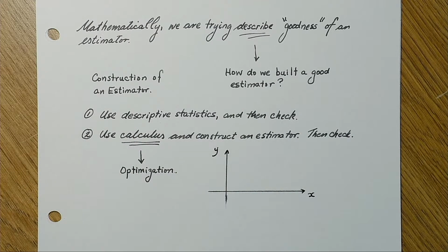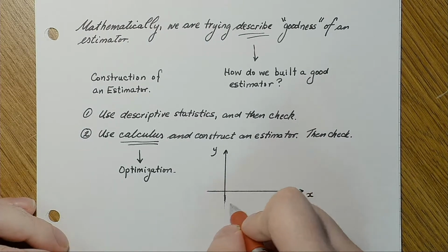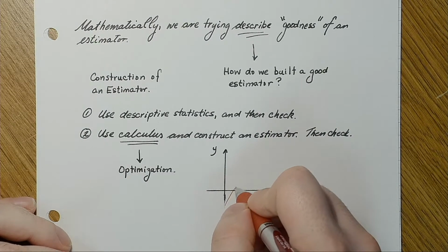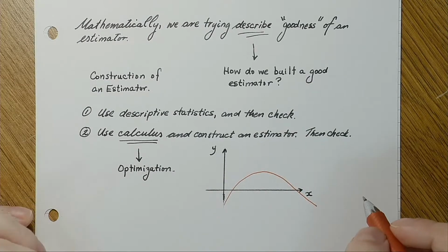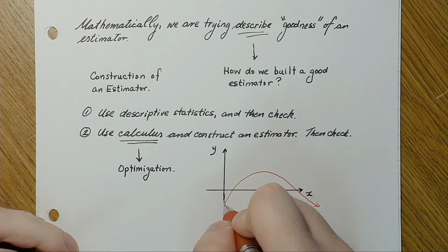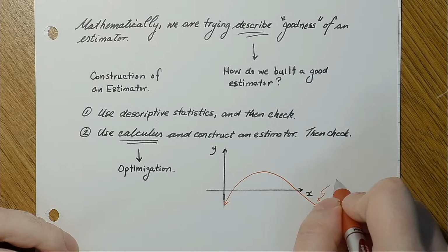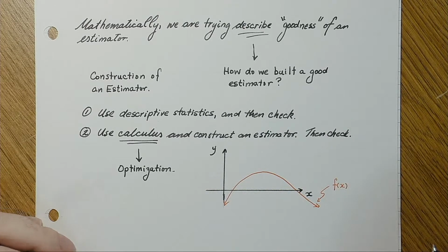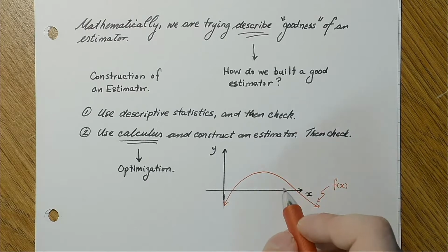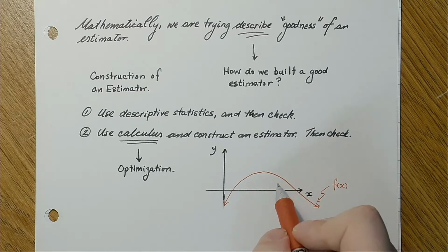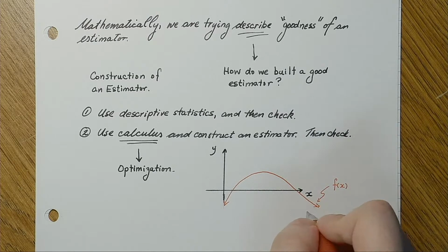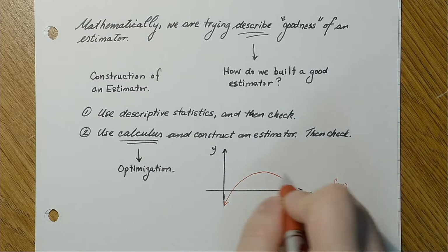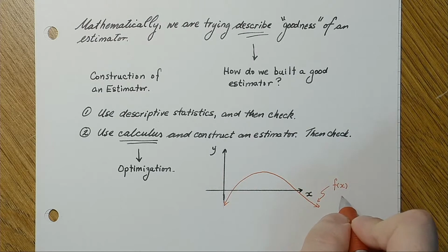So I have some function, and let's say I have a concave function, just an arbitrary concave function. Just as a reminder, what does it mean to be a concave function, or concave down? What does that mean in terms of calculus? What does it mean in terms of this function?